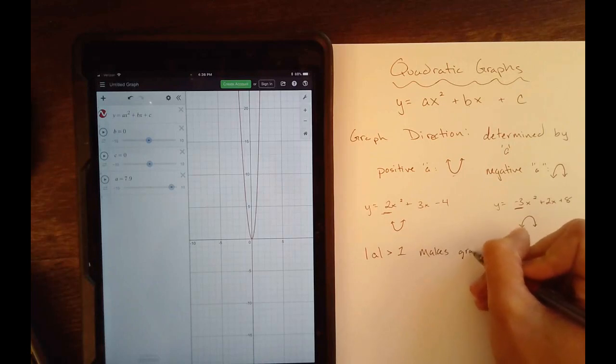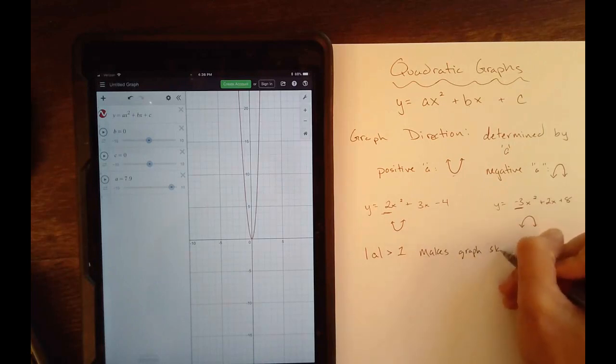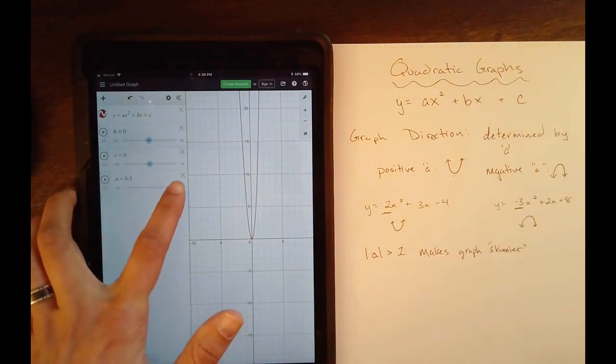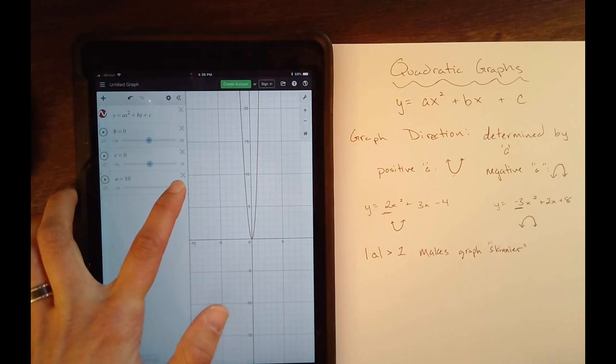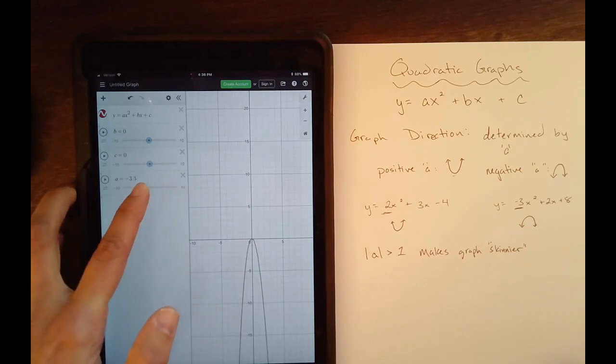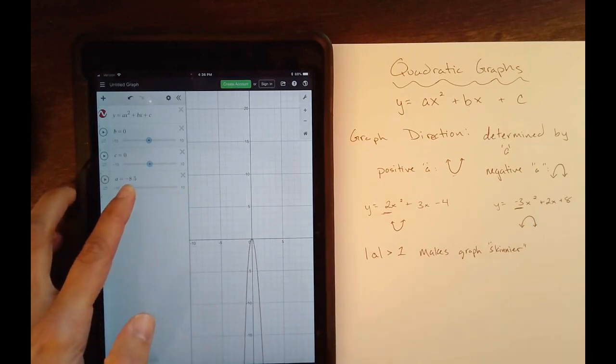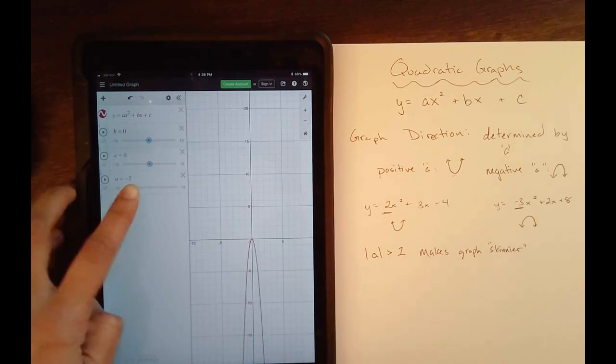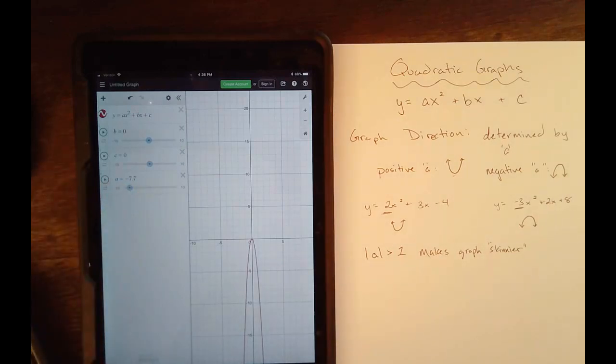As the A value gets farther than 1, whether in the negative direction or the positive direction, the graph is getting skinnier. That's because a bigger value makes the graph jump farther in a smaller amount of time. It's kind of like slope.